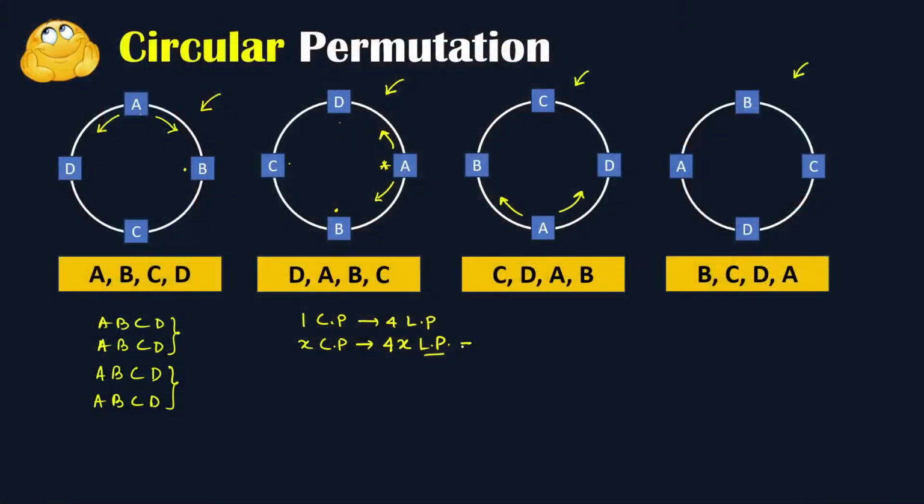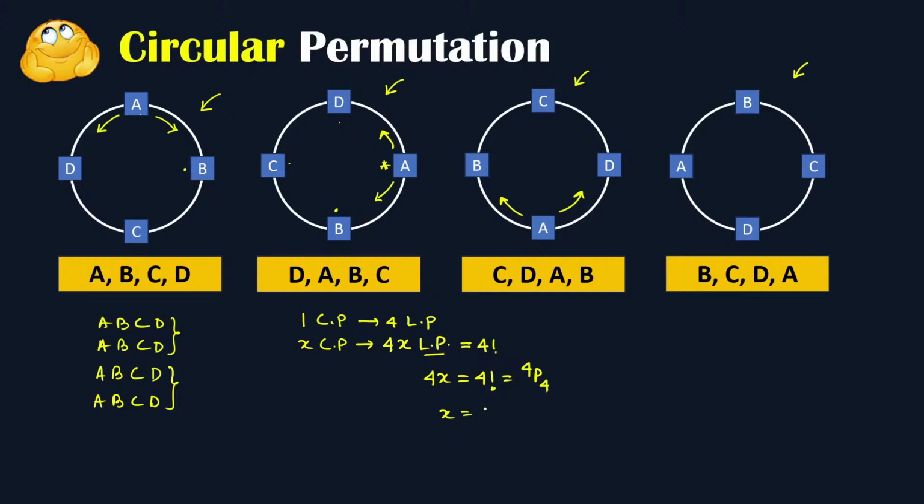So can we say that 4x is the total linear permutation of these 4 people, which equals factorial 4? Therefore, you can write it this way also. It can be written as 4P4 also.